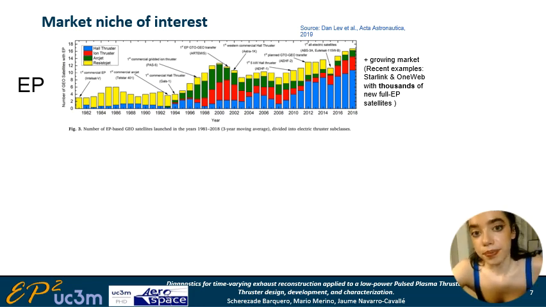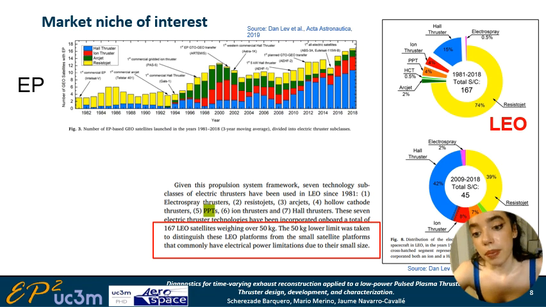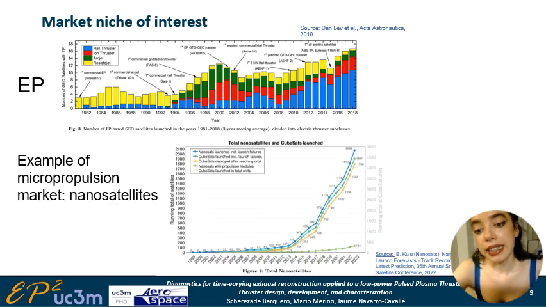For example, in missions in which power and size are limited and that require downscalability for the EP thrusters, the thrusters of interest are those with a simple structure and/or pulsed operation. Indeed, there is an important market niche of interest on providing micropropulsion alternatives for onboard propulsion as the primary propulsion systems for nanosatellites.